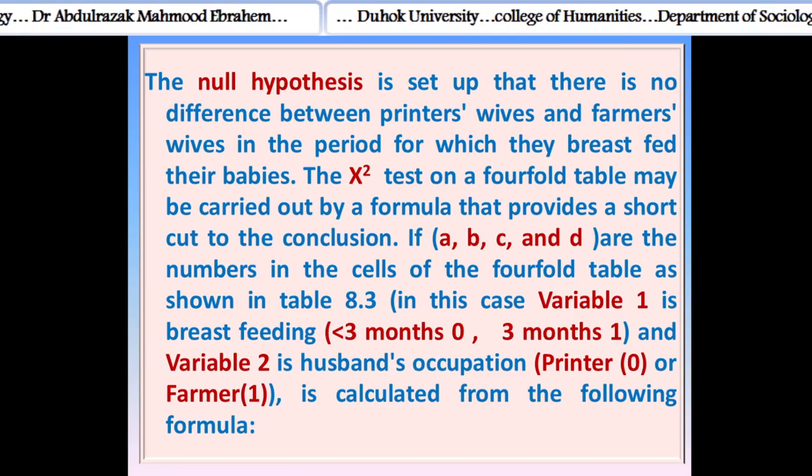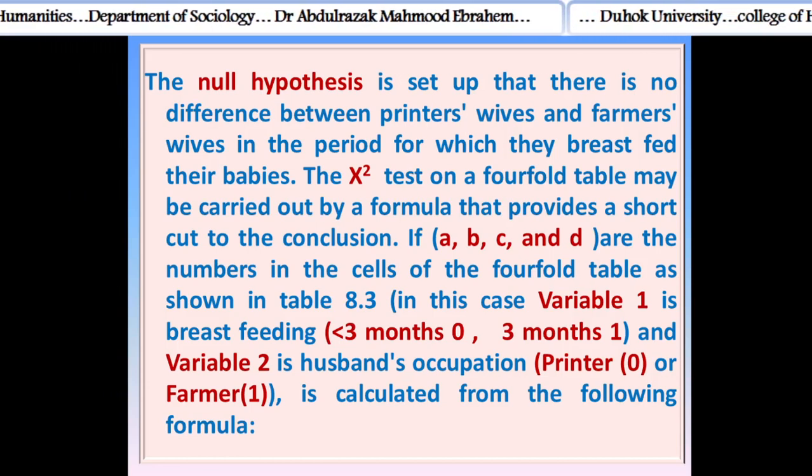If A, B, C, and D are the numbers in the cells of the fourfold table as shown in table 8.3. In this case, variable 1, or the first variable, is breastfeeding.